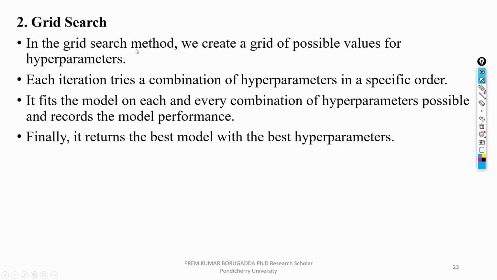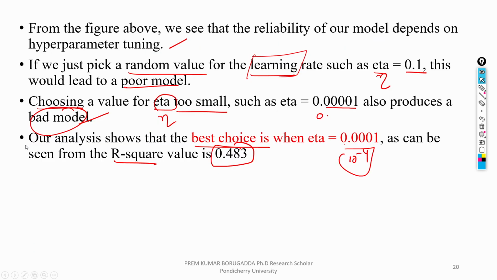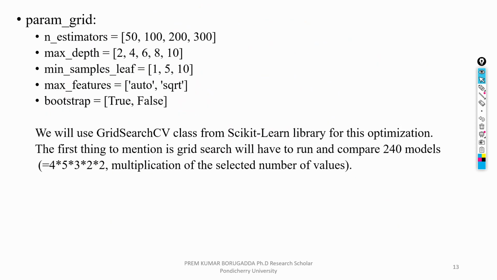In the grid search method, we create a grid of the possible values for the hyperparameters, and each iteration tries a combination of the hyperparameters in a specific order. If you see this example, these are the parameters you consider.